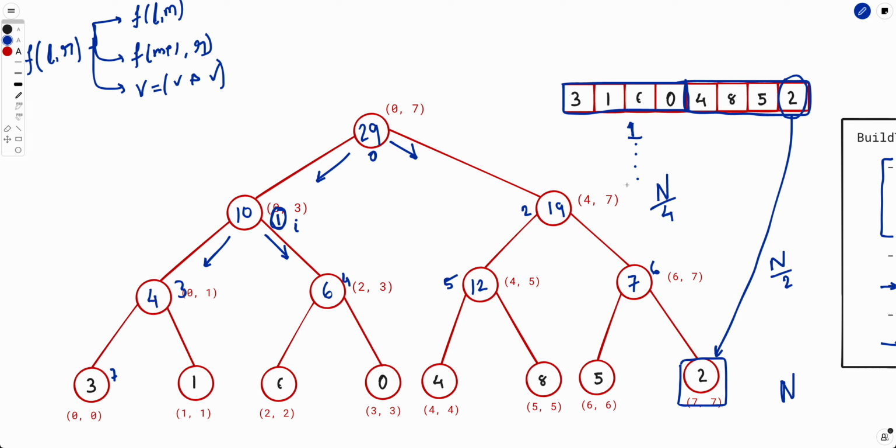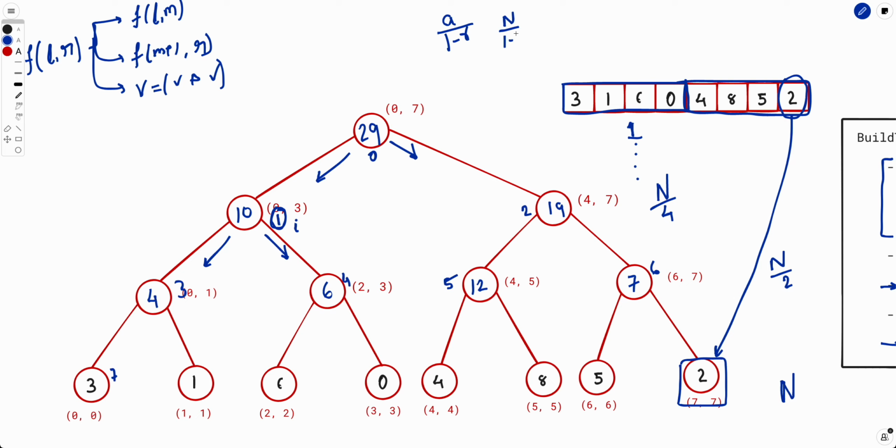Following the studies from 11 and 12, the value of this entire thing would be a by 1 minus r, where a is the first element and r is the actual factor by which the progression is decreasing, right? So a here is n, the first element is n, and r here is 1 by 2.